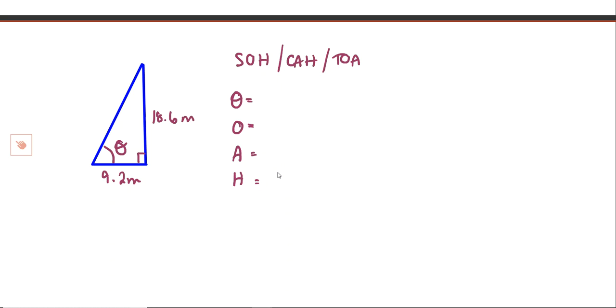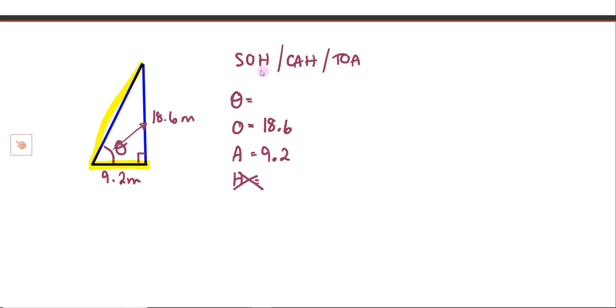No, 18. Yeah, because remember, here's the hypotenuse. Here's the side that makes the angle. That is therefore the adjacent. It's always opposite the theta. The opposite, the theta, is the opposite side. That's why it's called opposite. So the opposite is 18.6. The hypotenuse, don't know, don't care.